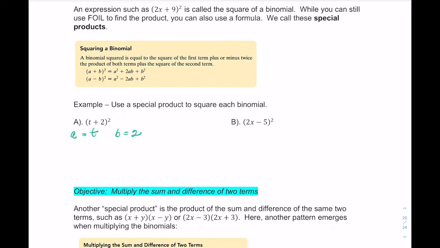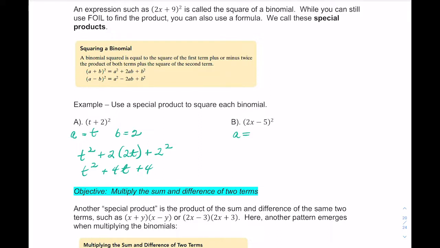And then my formula is right here. So since I'm adding, I'm going to use this formula. So all you do is you square the A term, you combine A and B together and double it. So we're going to have to multiply A times B together by 2. And then we square the last term, 2 squared. So we finally get t squared plus 4t plus 4, which is what you would get if you were to FOIL it.